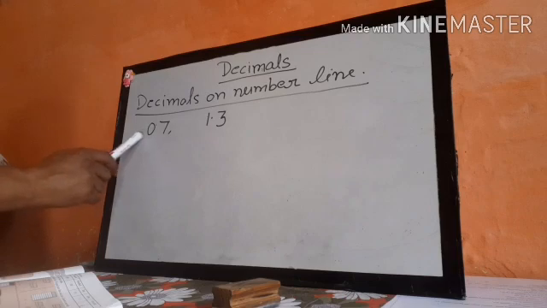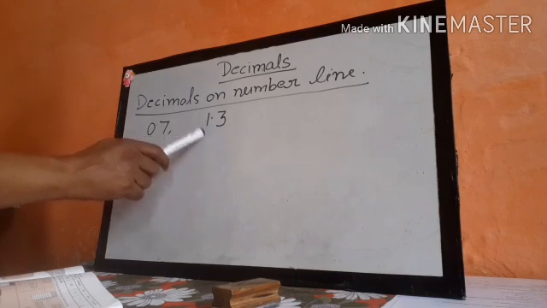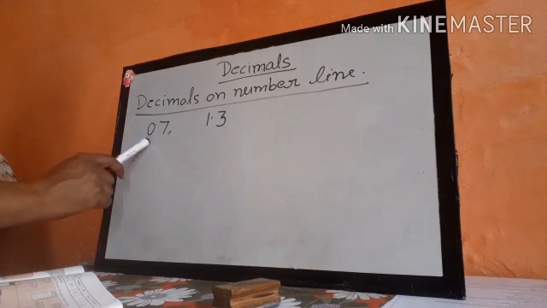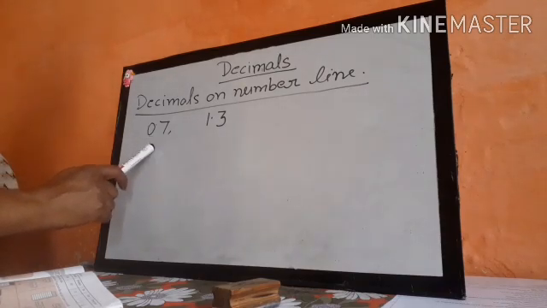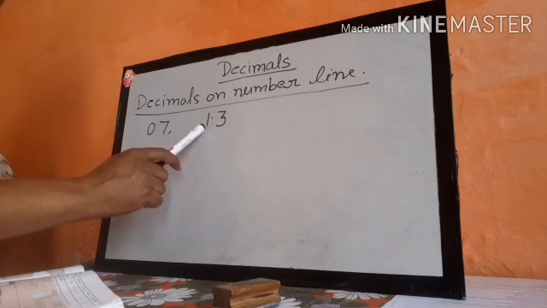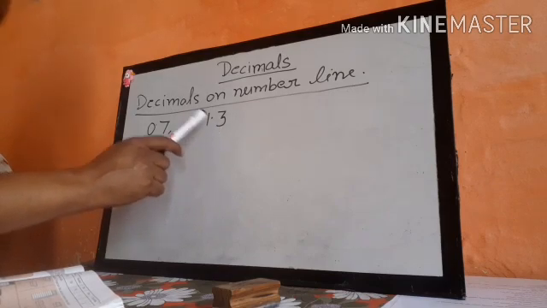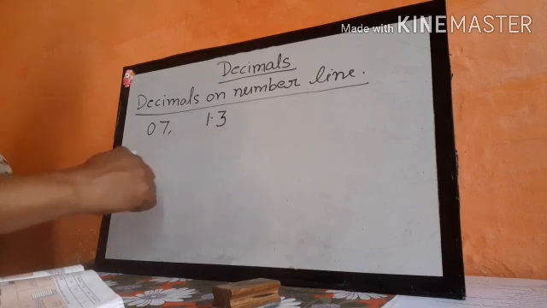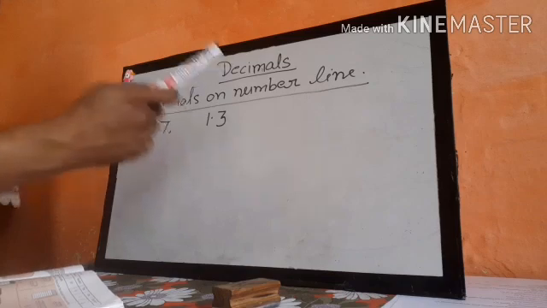Here the whole number is 0, and here the whole number is 1. No whole number means the value of this decimal is less than 1, while here along with the 1 there is some part, so it is greater than 1. So how can we represent both examples on the number line?